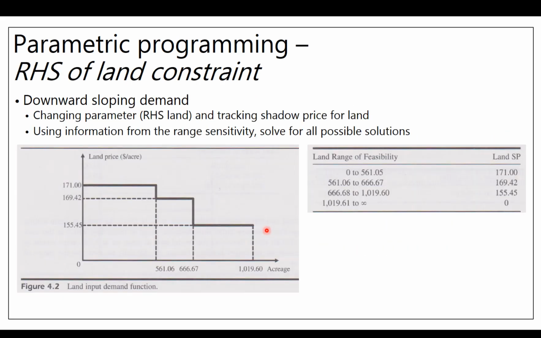And what we're going to do in a minute, we're going to get out of the land demand function business and think about the corn price sensitivity. Then we're going to change the corn price, and so then we'll have a price on this side where we think about not feasibility but the internal response, and over here we'll be looking at the quantity of acres that we want to plant.